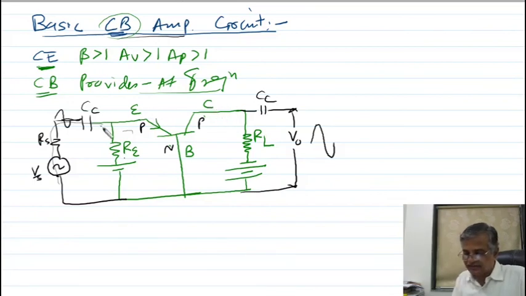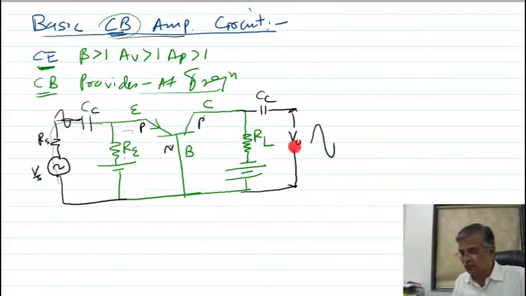Or you can say, the emitter current is what we get here as collector current. We know that collector current is less than emitter current, but due to the variation in the emitter current, the collector current also varies. Current multiplied by RL is voltage. RL is very large, so the output voltage across this is very large.